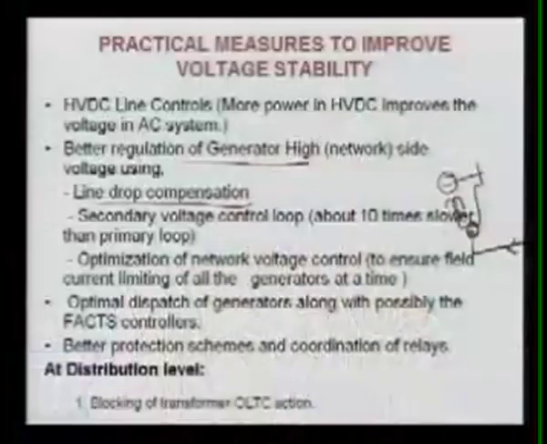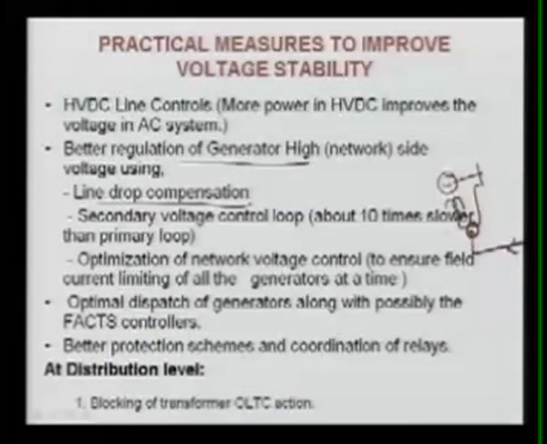Another is the optimization of network voltage control to ensure the field current limiting of all the generators at a time. Because if you increase the field current, you can increase the reactive power. But I have already discussed the capability curve of alternators, that we have this field heating limit.